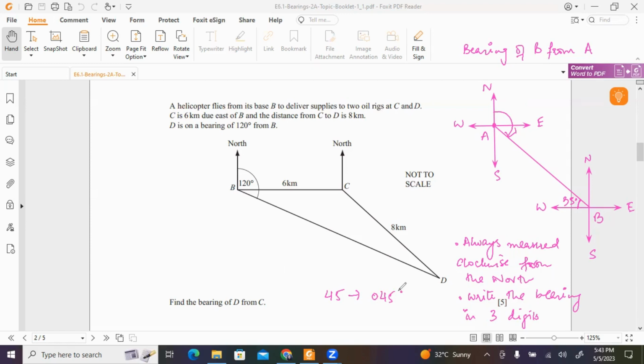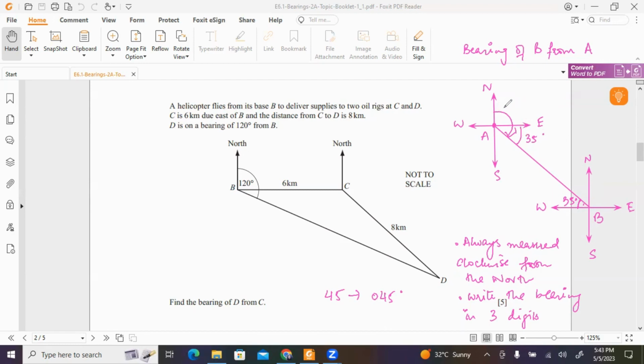So going back to this diagram, if this is 35, this angle over here would also be 35. The reason is that when we have two parallel lines, alternate angles are equal. Hence, this 35 is the same as this 35 over here.